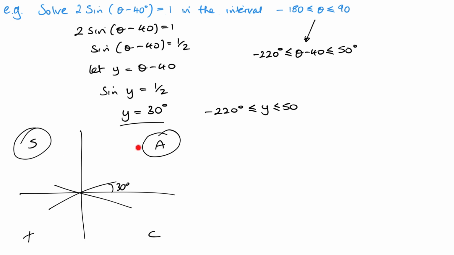So it's in these two sections. First of all, I've got obviously 0, I'm going in this direction, 90, 180 and so on, but I can only go as far as 50. So 0 plus 30 is going to lie within my range. So that first angle for y is 30 degrees. And that's it in the positive range.